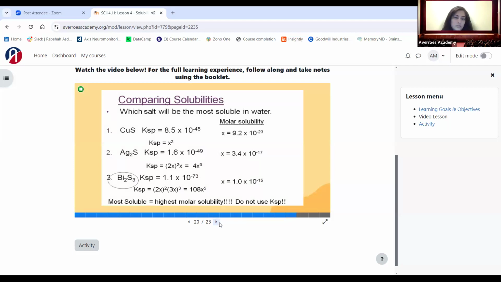And something else to touch upon briefly here, we can actually compare solubilities. Which salt will be the most soluble in water? That's the one with the highest molar solubility.